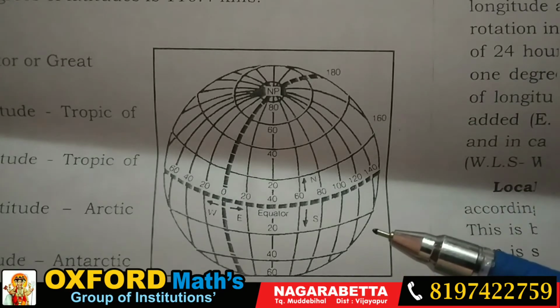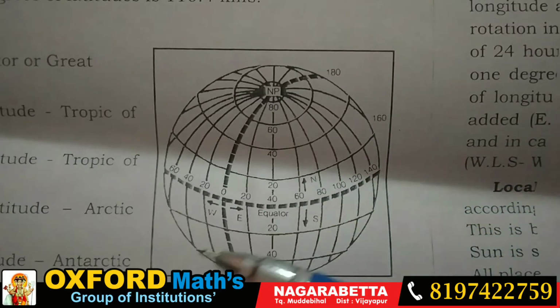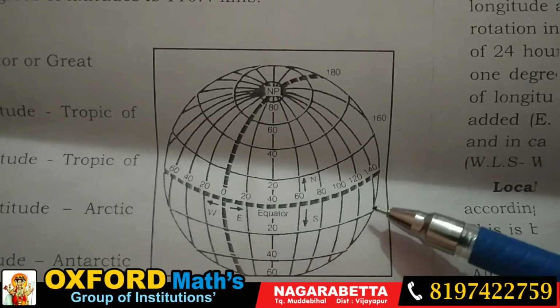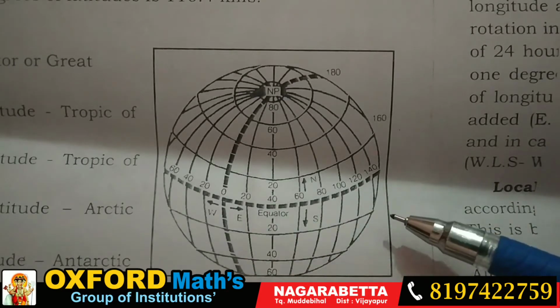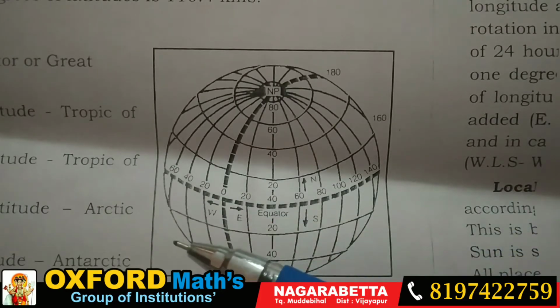Today in the class we are going to discuss what latitudes and longitudinal lines are. Latitudinal lines means the imaginary lines drawn from east to west or west to east.